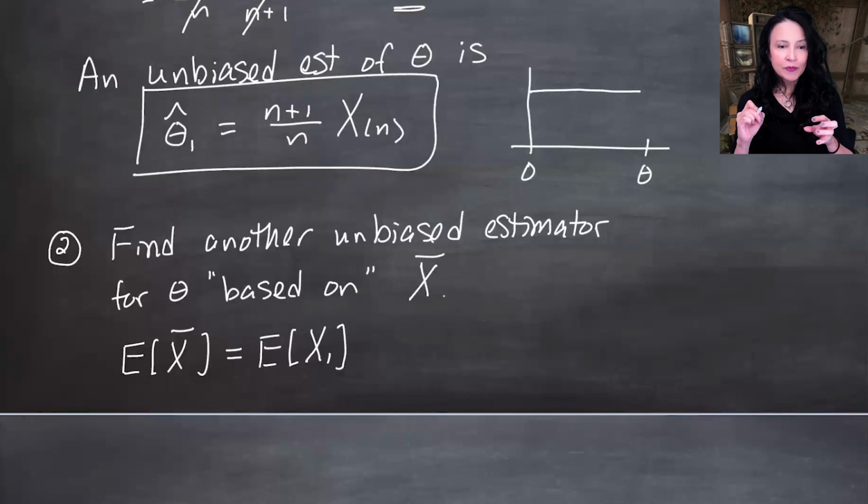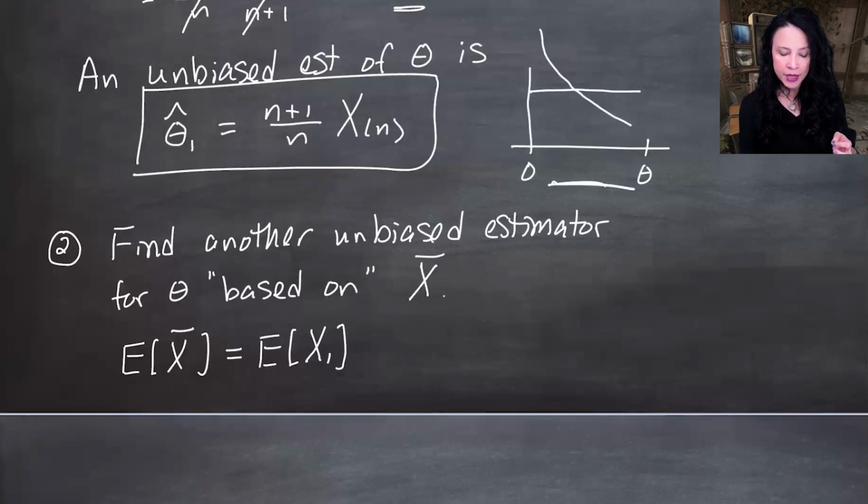So for a generic PDF, the mean is not necessarily in the center of the interval. If there's more area up here and less here, the mean is going to be pulled down here because more values come out close to zero than close to theta. But for something that is a flat line like this, the center of mass here is right in the center.